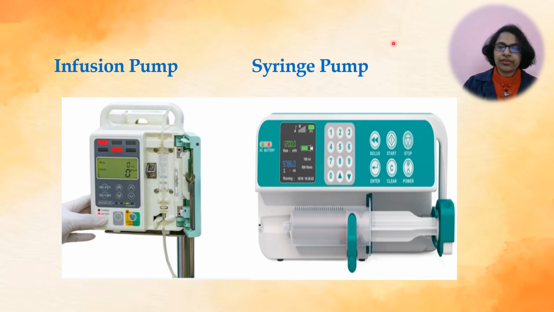If we are using a minute quantity, for example 0.1 ml, 0.2 ml, 0.3 ml, with the patient under 24 hours of glucose monitoring, the drug can be delivered with a syringe pump.